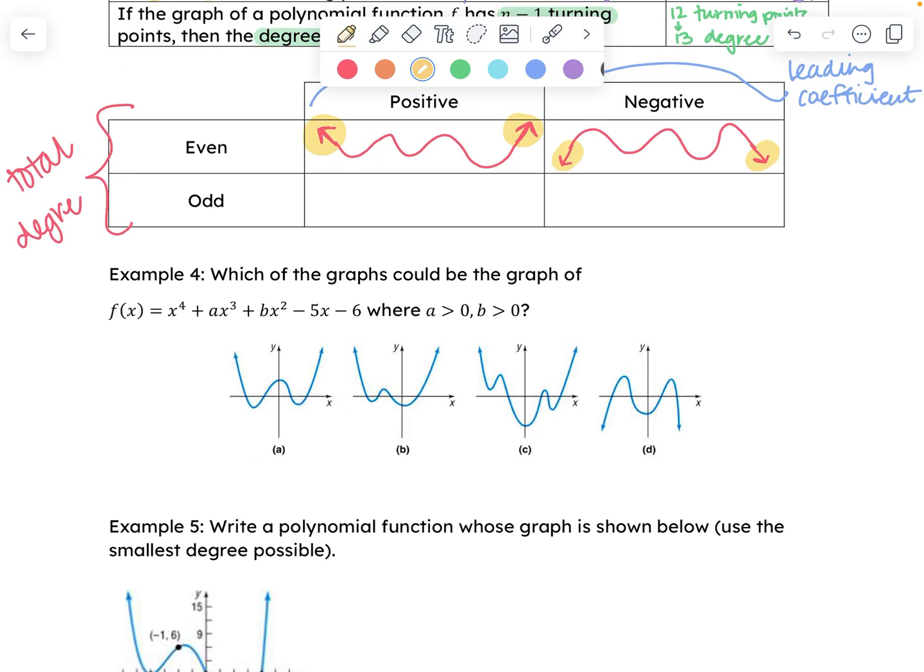If it's odd and positive, you're going to start in the bottom but end in the top. So you can have whatever is going on in the middle, but it starts and ends in those spots. And odd and negative does the opposite. You guessed it. Starts in the top and ends in the bottom.